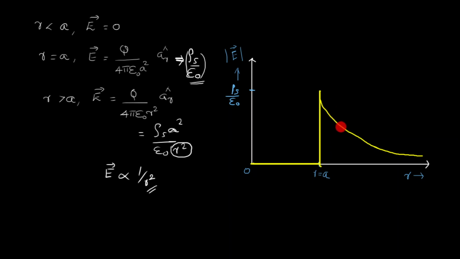When the point P goes farther and farther from the shell, the electric field, which is this magnitude, decreases. If my R is something like this, my electric field is only this much. Further if I go, I will get negligible electric field.